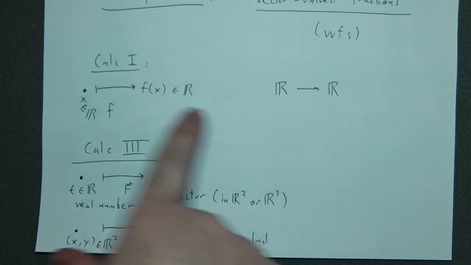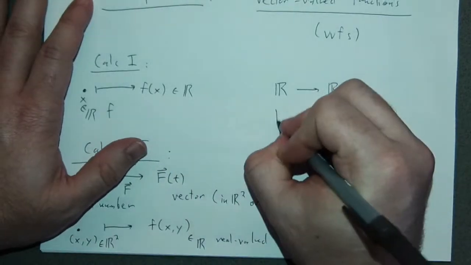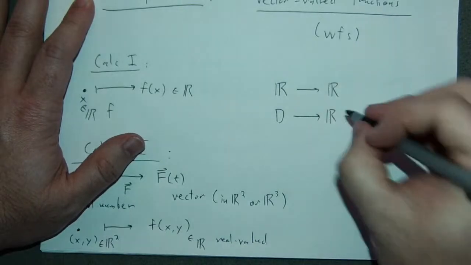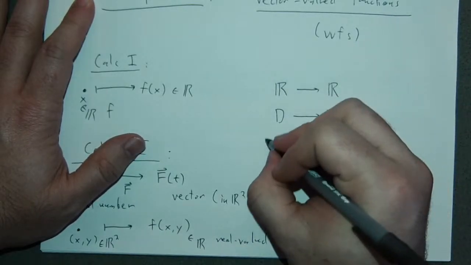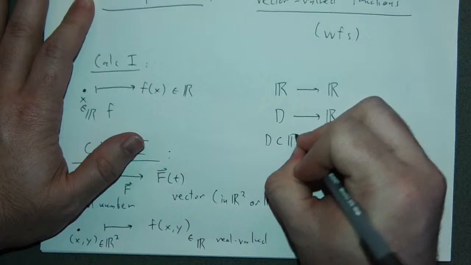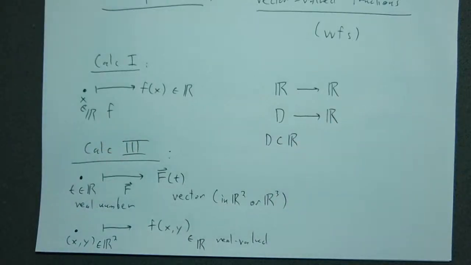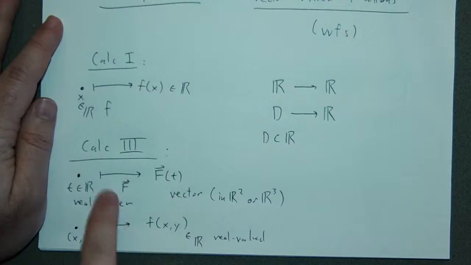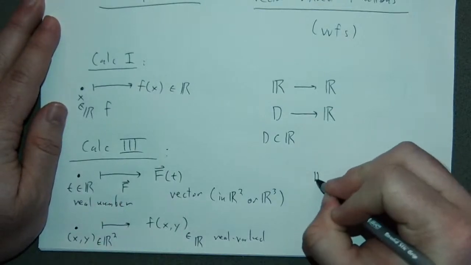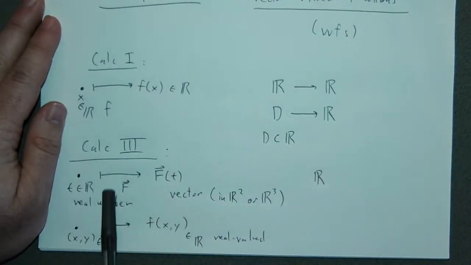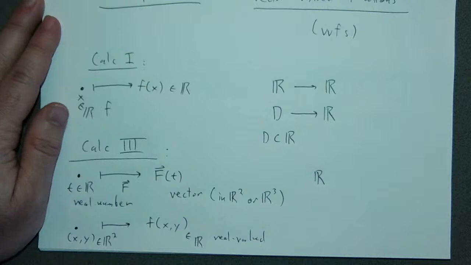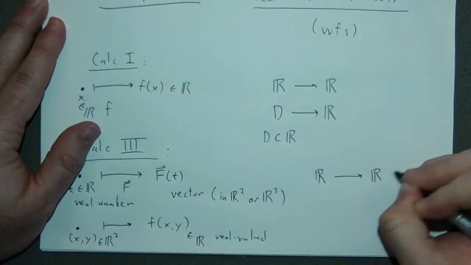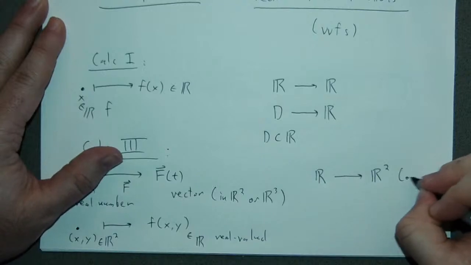Now, of course, not every function is defined on all of R, so it's defined on some domain that maps to R, and this domain would be a subset of R. So these would be maps from, in the case of a vector valued function, it takes in a real number and it spits out a vector either in R2 or R3.